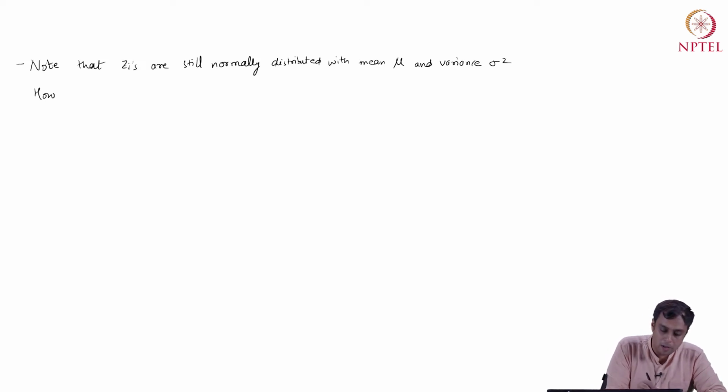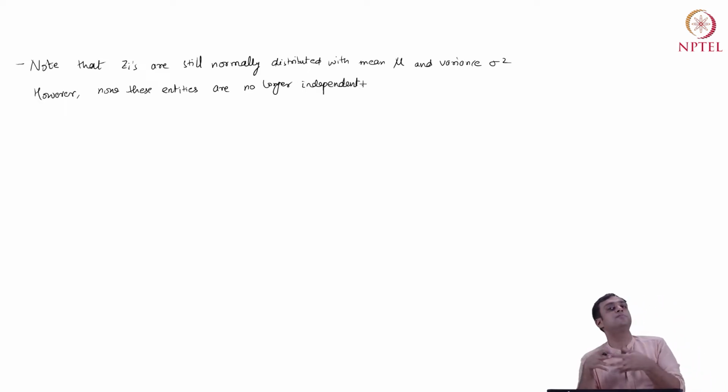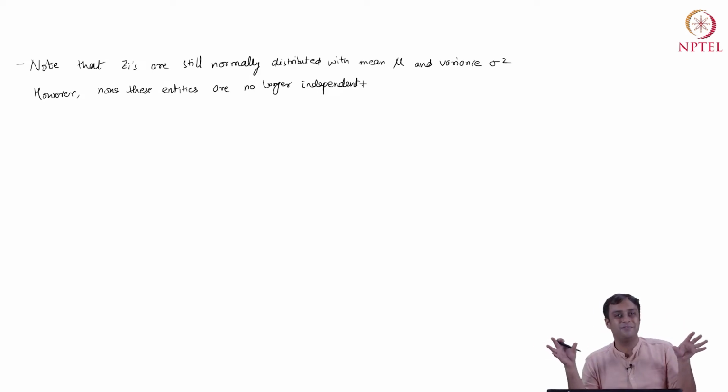However, now let's say these entities are no longer independent. So I still have an identical distribution, but they are not independent of each other, right?